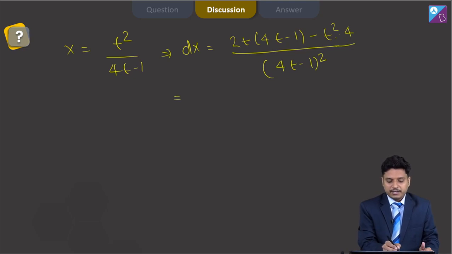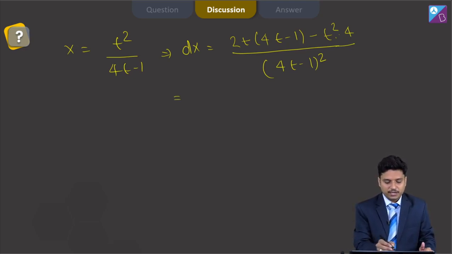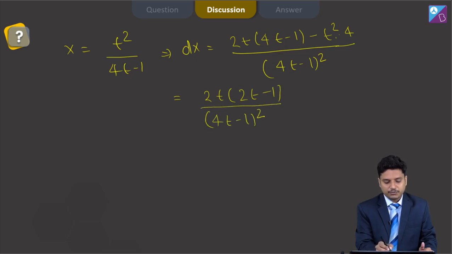So we get 2t into 4t, that is 8t square, minus 4t square. So this is 4t square minus 2t, that is 2t into 2t minus 1 in the numerator, and in the denominator 4t minus 1 whole square. So this is your dx in terms of dt.